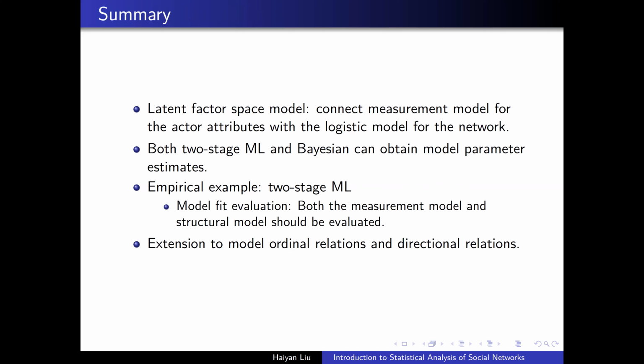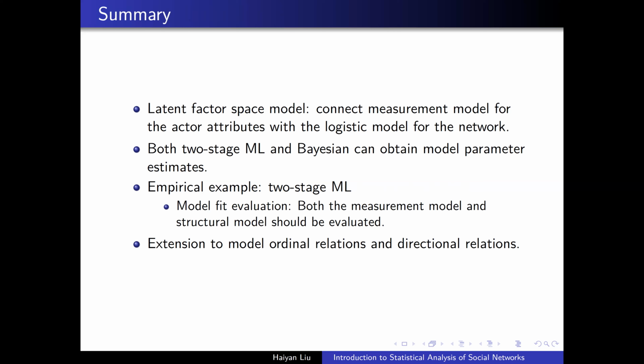Now we fit this model to the empirical college friendship network. At each stage, we need to evaluate the model fit. At the first stage, when we fit a CFA model, we can use structural equation modeling techniques to evaluate model fit. In the second stage, we fit logistic regression.